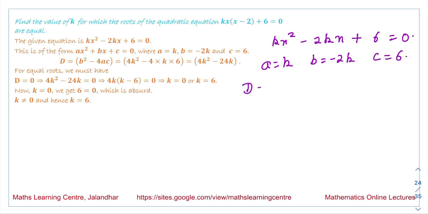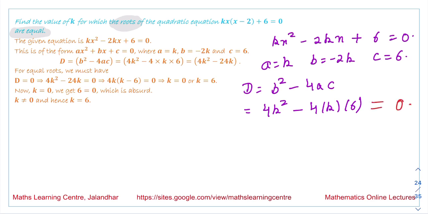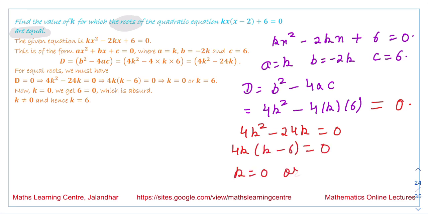So the discriminant is b square minus 4ac, that is equal to 4k square minus 4 into k into 6. Now what we want is that it should have equal roots. So the condition for equal roots is that the discriminant should be equal to 0. So we have 4k square minus 24k is equal to 0. 4k we take common, it is k minus 6 is equal to 0. So we are saying either k is equal to 0 or k is equal to 6.